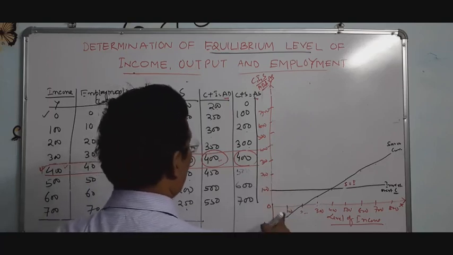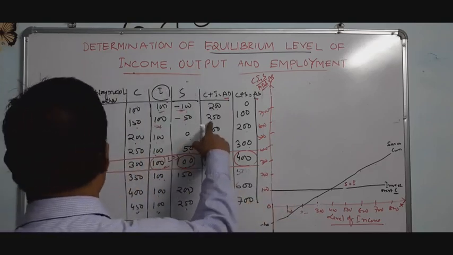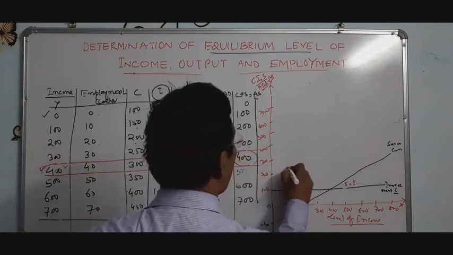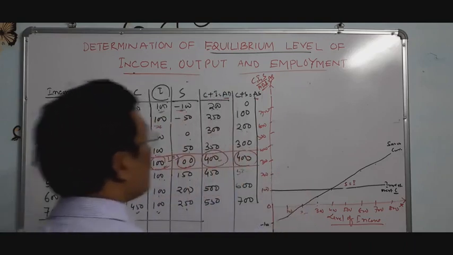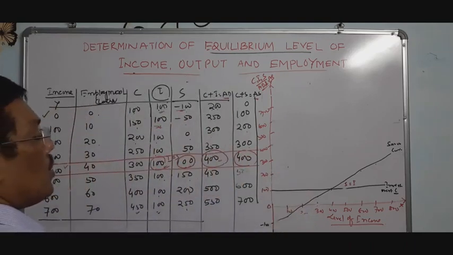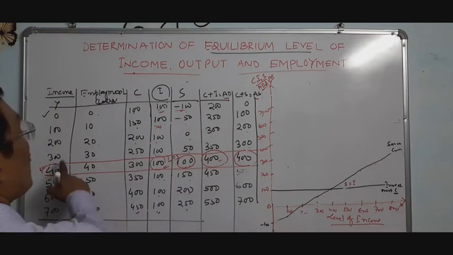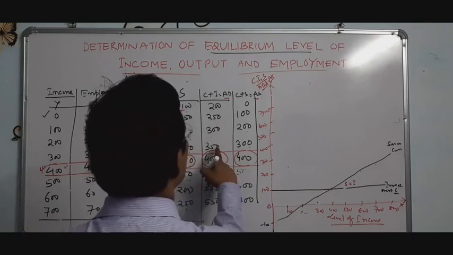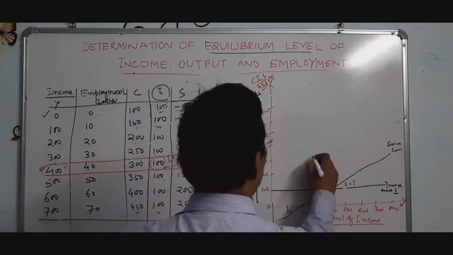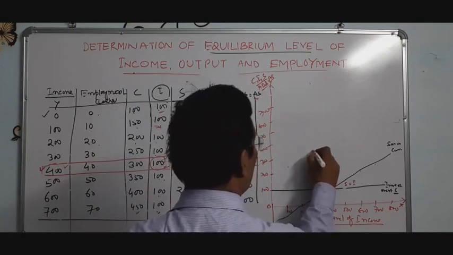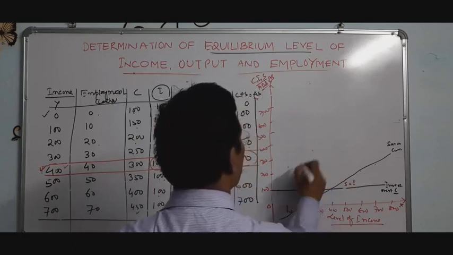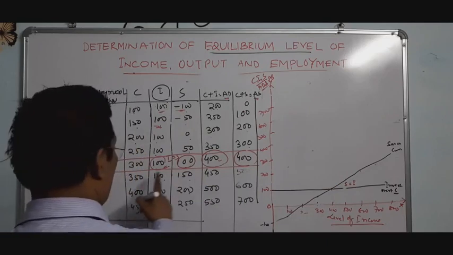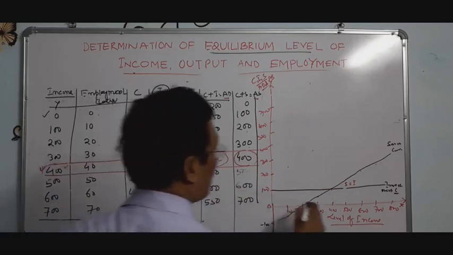At 100 level of income, aggregate demand is 250. At 300 level of income, aggregate demand is 350. And at 400 level of income, aggregate demand is 400.